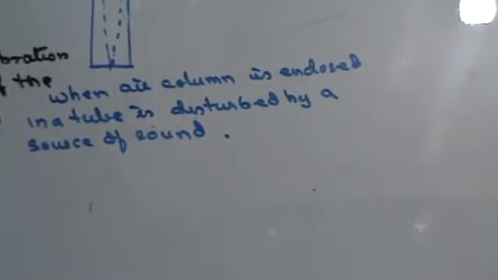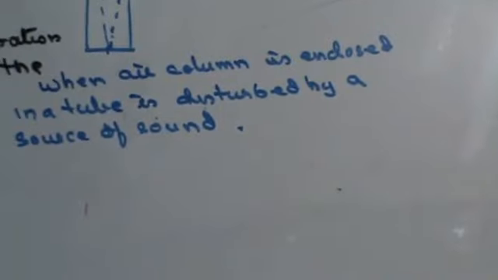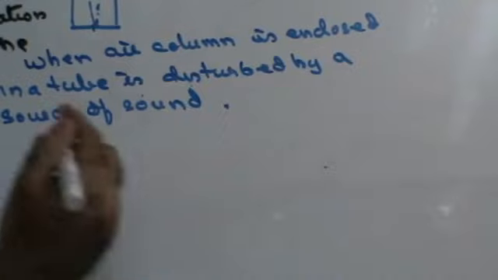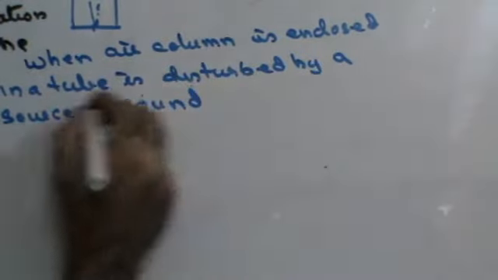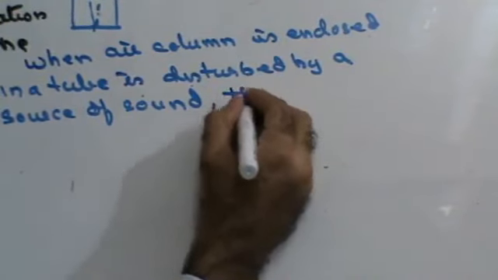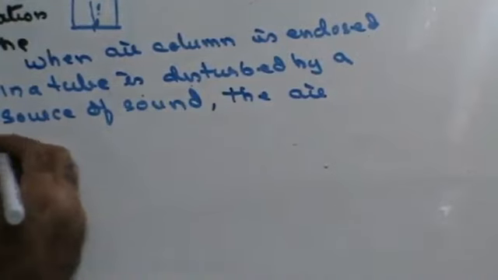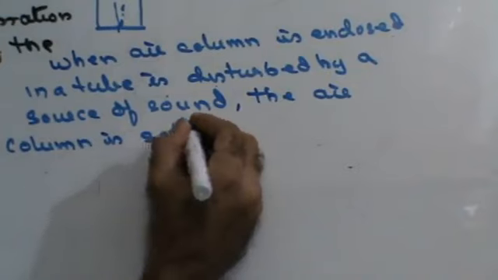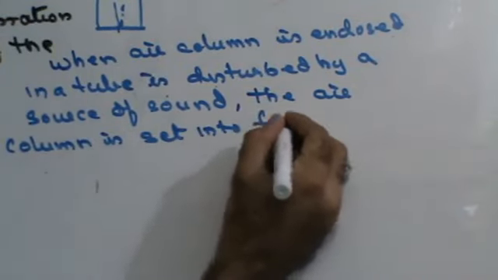Due to sound, there's going to be some disturbance in the air column inside the tube, right? So as a result of which the air column is set into forced vibrations.